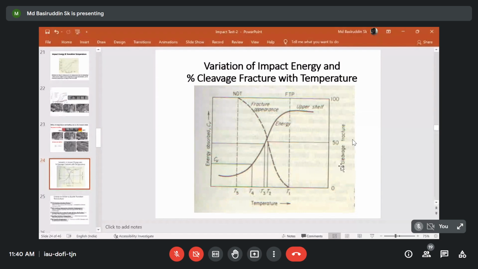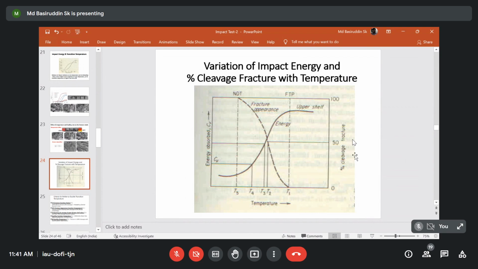That means if you do a number of tests at different temperatures and measure the area of the cleavage fracture surface, you will find that at a particular temperature, T2, 50% is cleavage fracture and 50% is ductile fracture. This particular temperature is called the fracture appearance transition temperature.